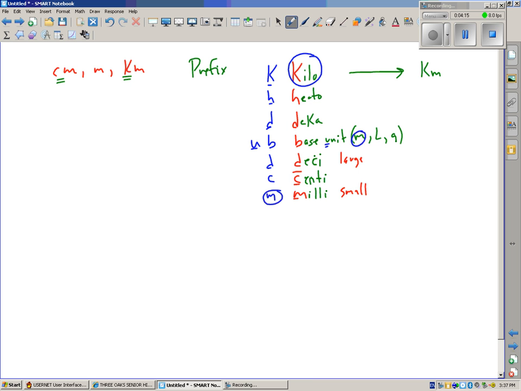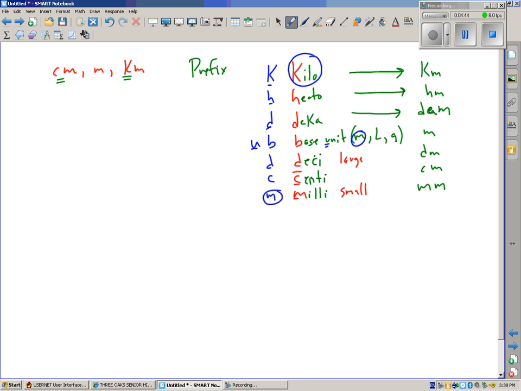So if it's meters, that's where you get the kilometer, and then you get hectometer, and then decameter. And you have meter, decimeter, centimeter, and millimeter.